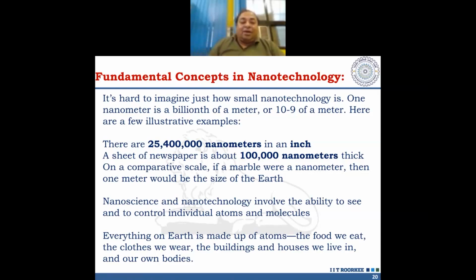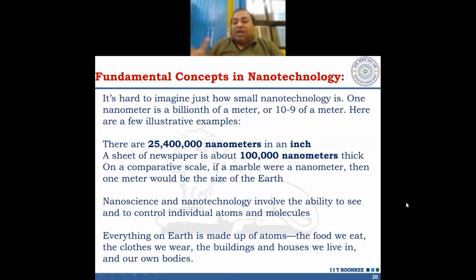There are 25,400,000 nanometers in only 1 inch. A sheet of newspaper is about 100,000 nanometers thick. On a comparative scale, if a marble were a nanometer, then 1 meter would be the size of the earth.